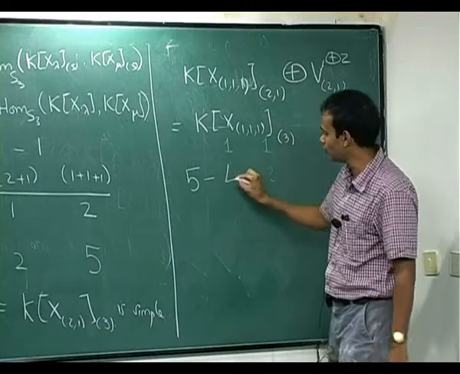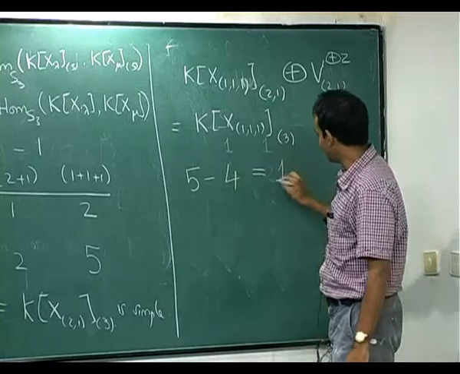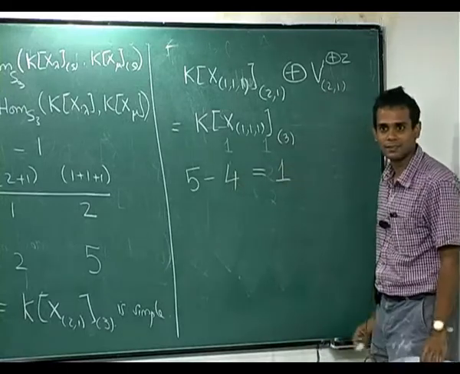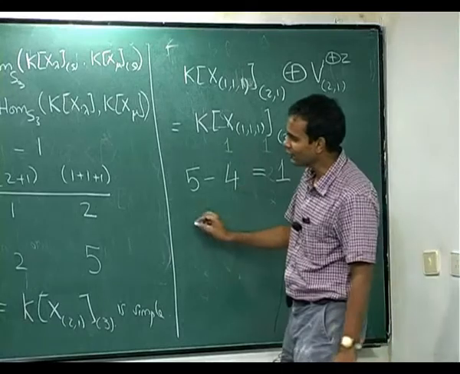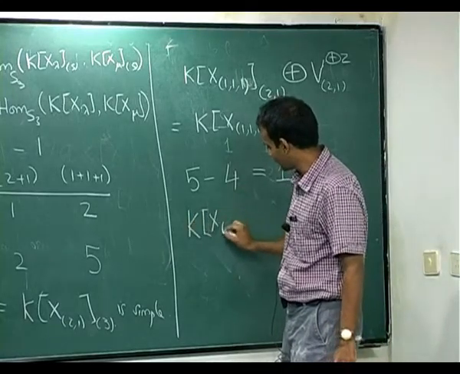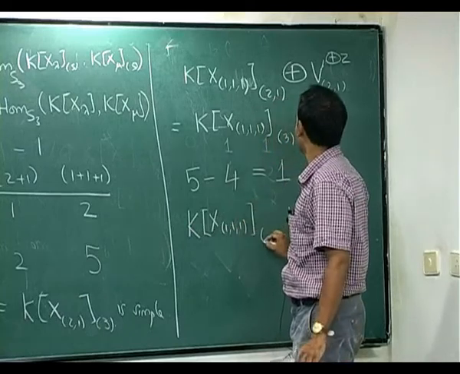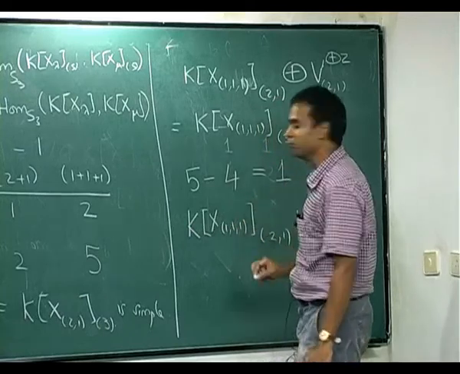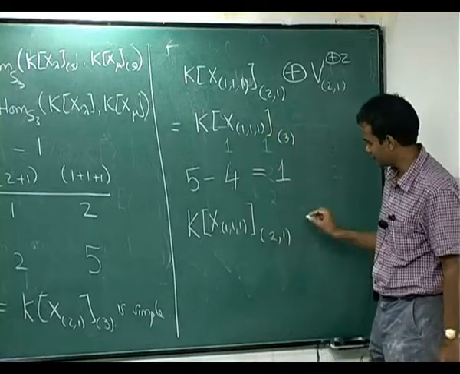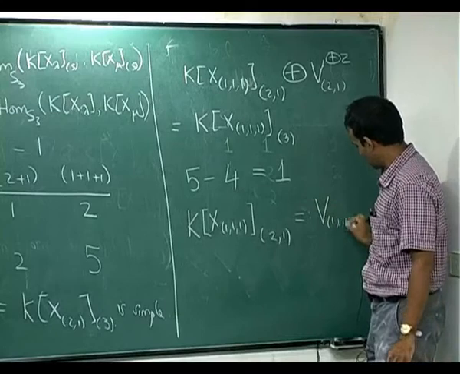So minus 4, and that's amazing, it's 1. So what we get is that kx11121 is simple. I'll call it V111.